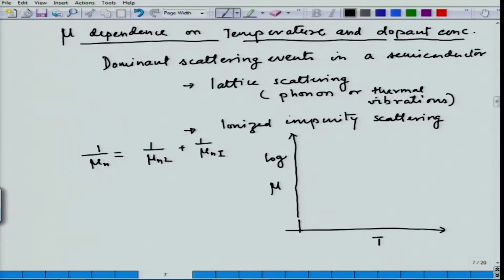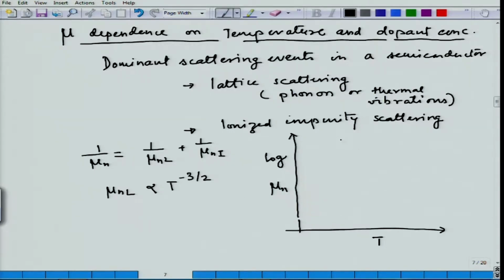If I am only looking at the effect on the electron mobility due to lattice vibrations, I find that mu n L, and this is from some simple theoretical calculation, is generally dependent on temperature with a negative 3/2 exponent.